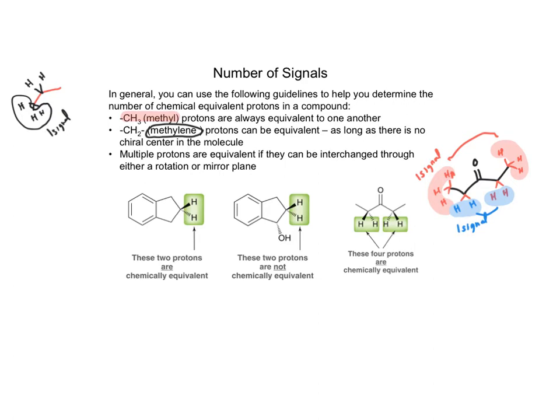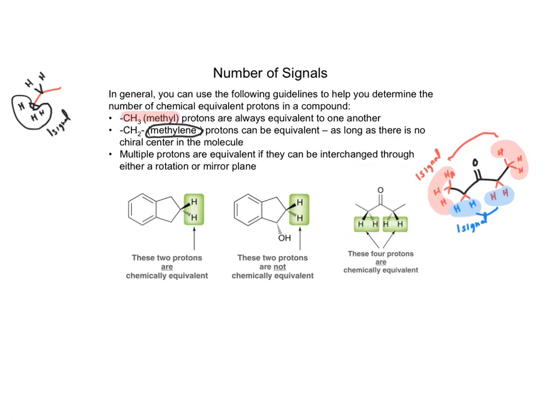so with that, I actually want us to do an example problem. And it's going to come up on here, but I'll go ahead and put it on the board so you guys can work on it. So, again, I'm looking for the number of chemically equivalent protons in each of these two compounds.